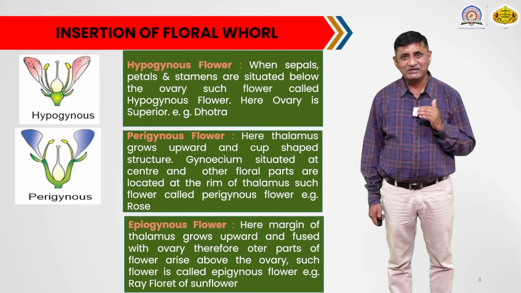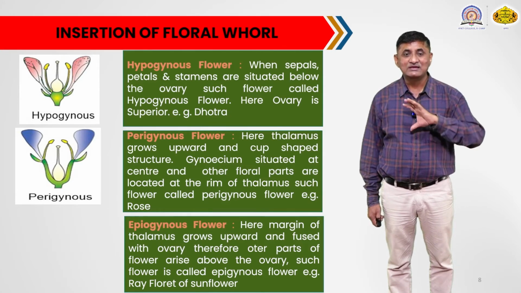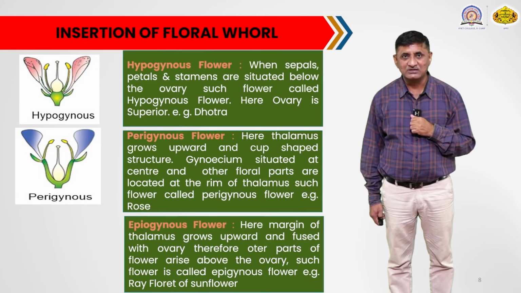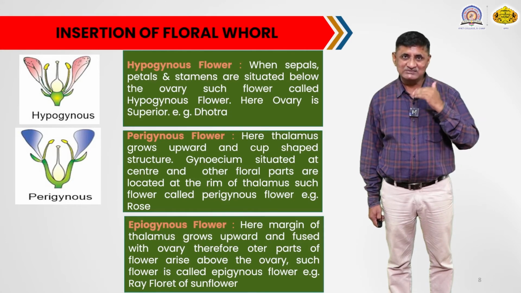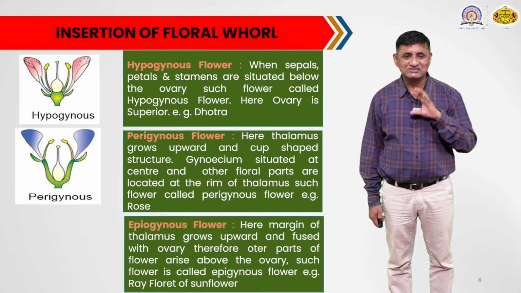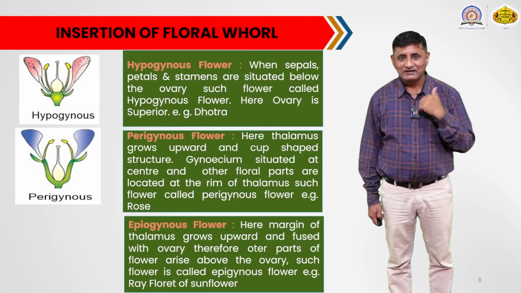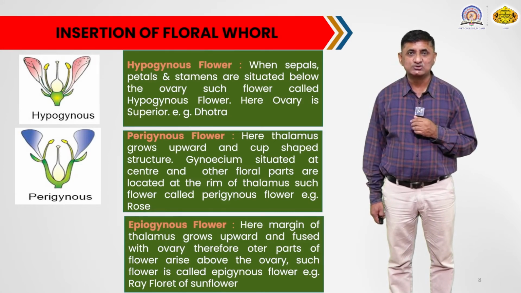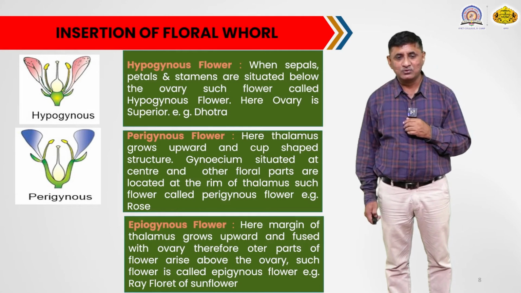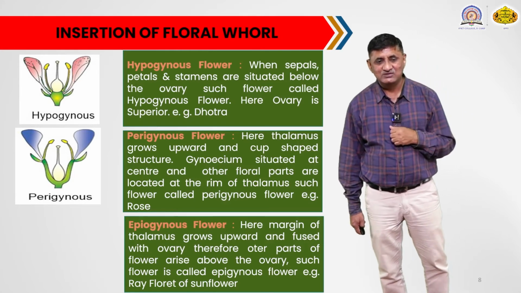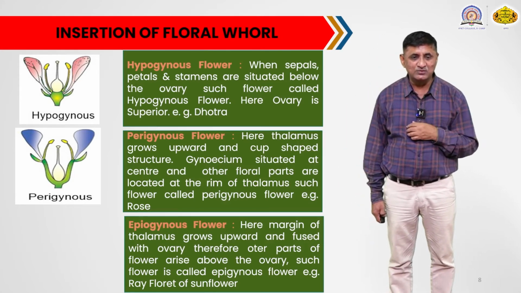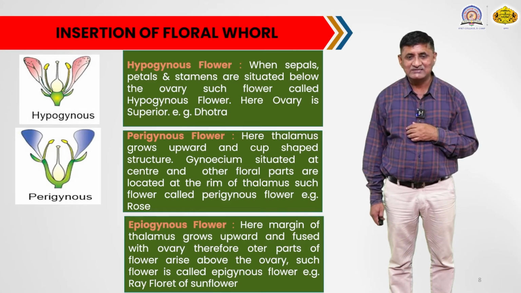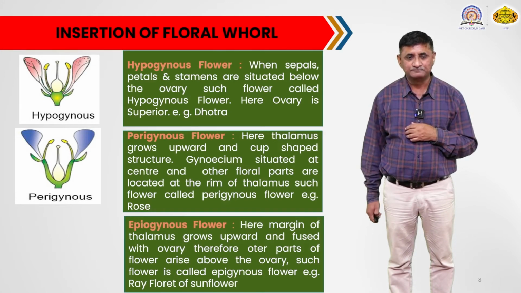That is why a middle condition between the hypogynous and epigynous flower is observed, and such a flower can be identified as a perigynous flower on the basis of insertion of the floral parts. You can see the image very clearly, where you will find the perigynous arrangement of the ovary.